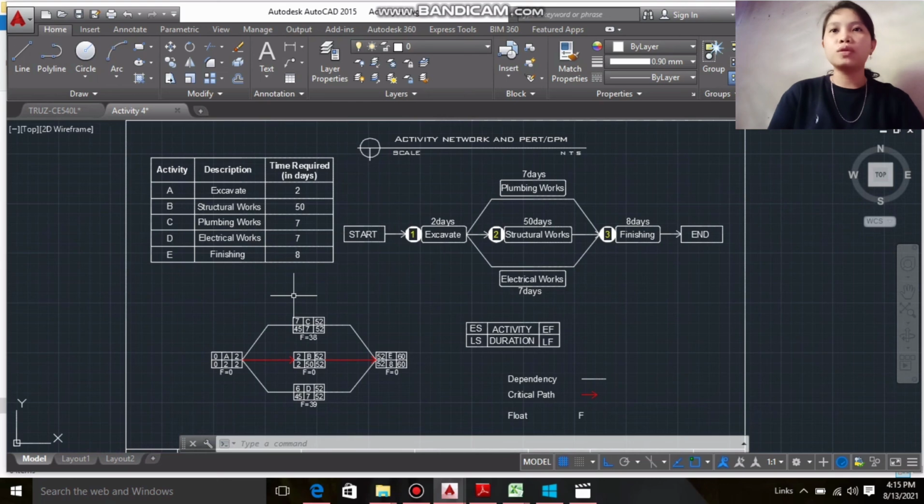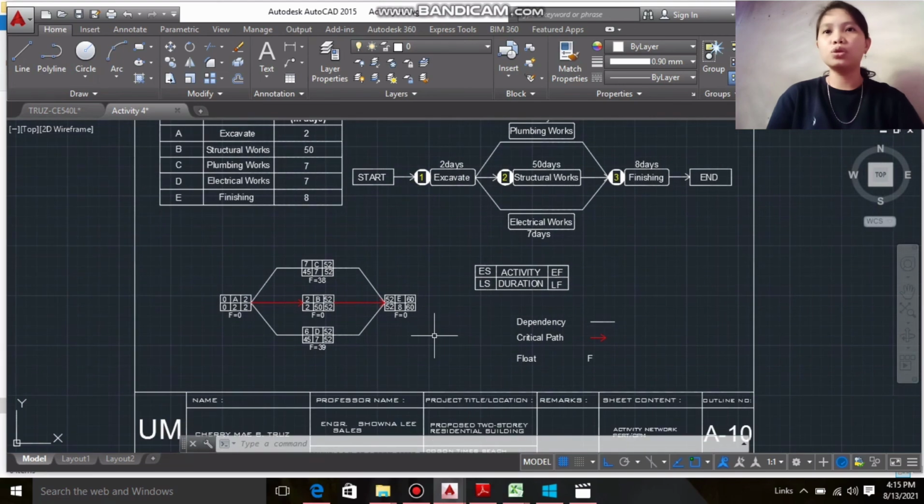So excavate takes 2 days, and the structural works 50 days, within which the plumbing works and the electrical works can be done, 7 days for plumbing works and 7 days for electrical works. So finishing works is 10 days duration. So this one.